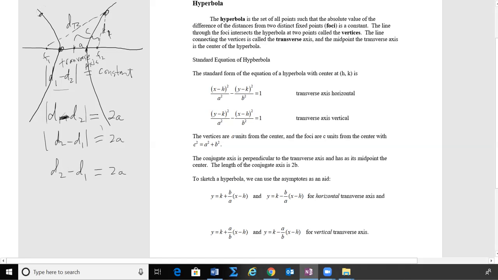If you switch this back the other way, then you would have this distance coming across here and the distance in here. So you'd have labeling these either D1 or D2, depending on which one is bigger. You could then state the same thing here.